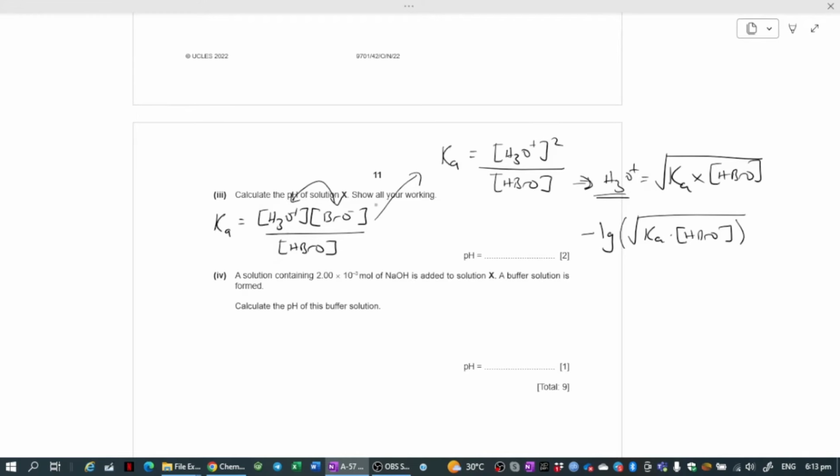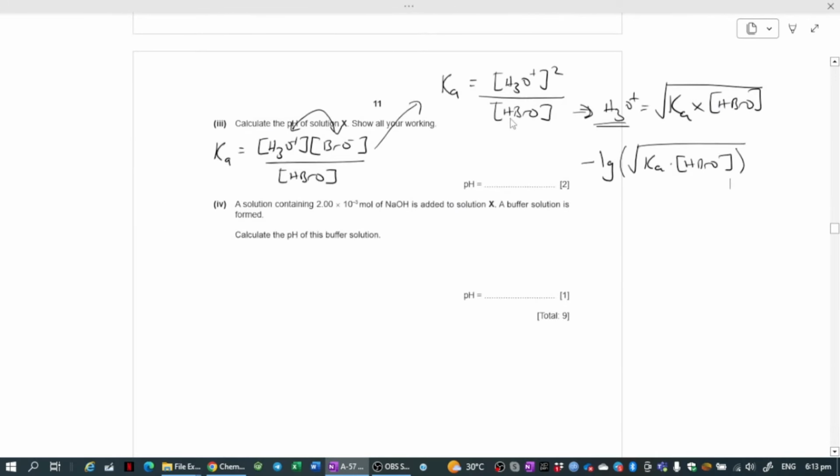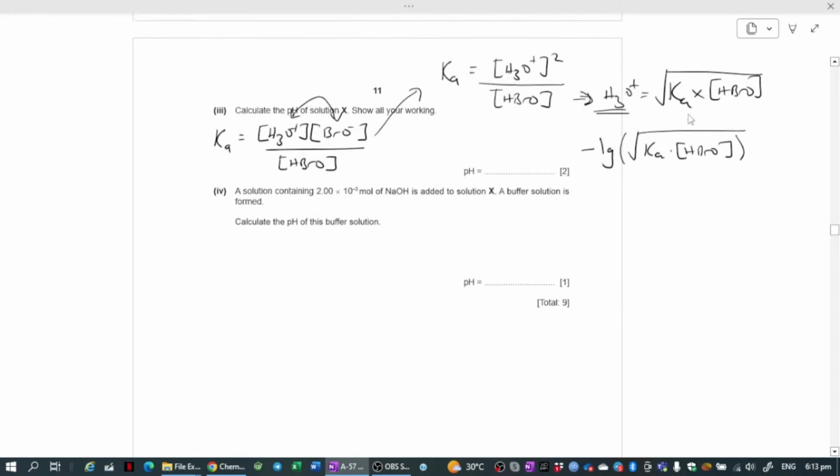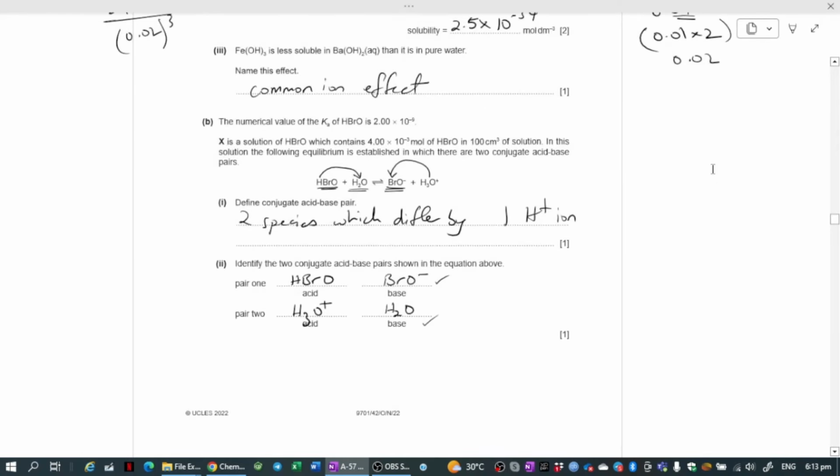And all that is required for us to do is simply substitute the values. We have all of our values given to us in the question. Ka is 2 by 10 to the minus 9. And what is the concentration of HBrO? This is important as well. The question said it's 4 by 10 to the minus 3 moles in 100 cubic centimeters.